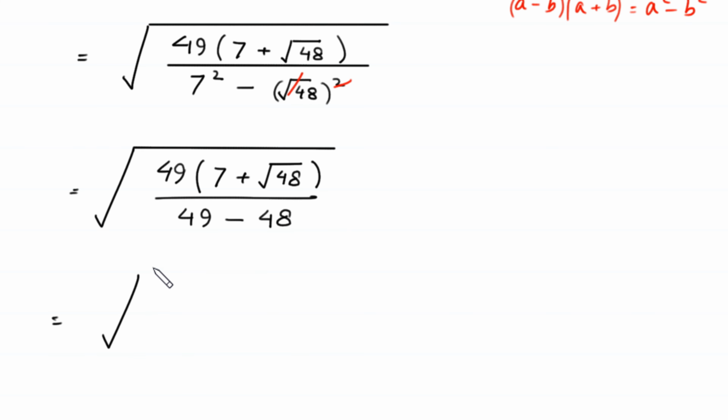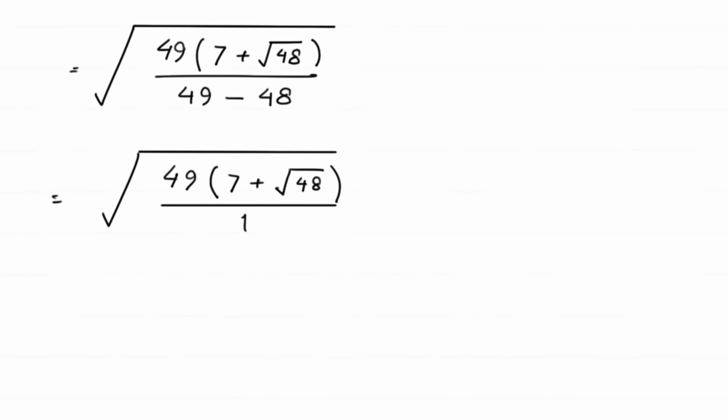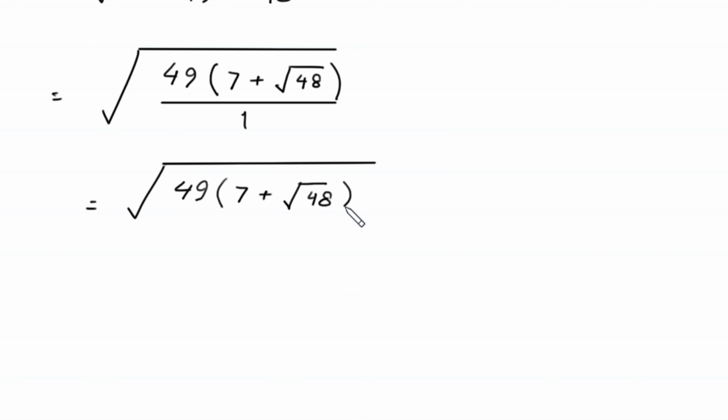Next, square root of 49 times 7 plus square root of 48 divided by, this 49 minus 48, 1. Next, square root of, now this expression divided by 1 is same as this expression, so here left 49 times 7 plus square root of 48.